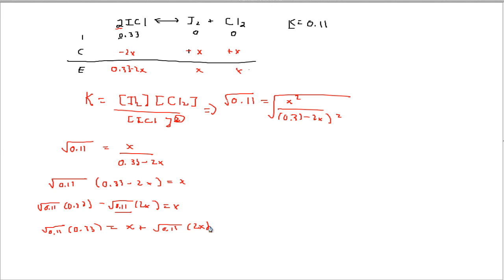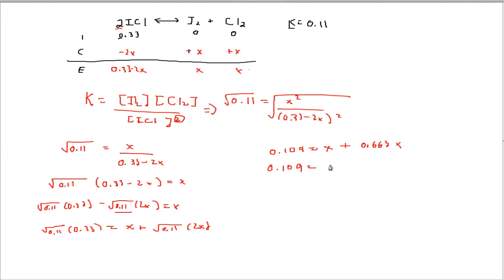The square root of 0.11 times 0.33 gives us about 0.109, and I'm not going to write all the decimal places, and x plus the square root of 0.11 times 2 gives us 0.663x, and let's try to simplify that.